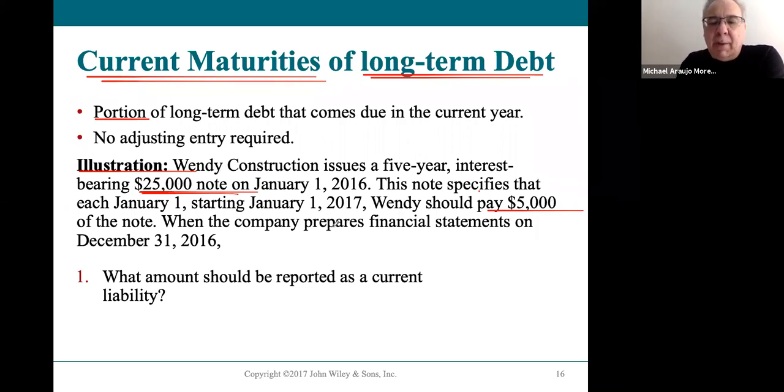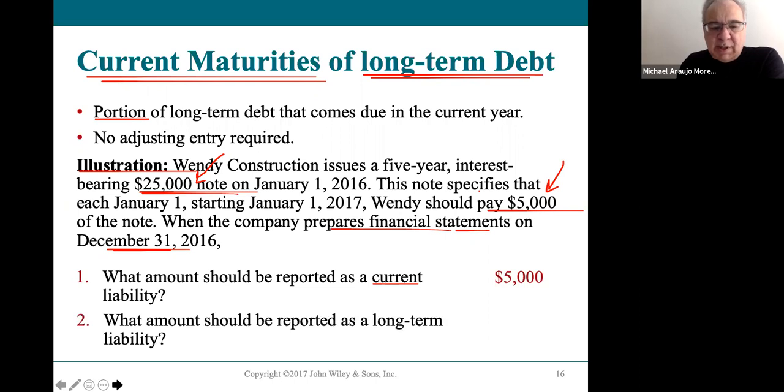So the company has financial statements that they're preparing as of December 31st, 2016. Okay. So again, 5,000 of the 25,000 is going to be paid within that first year. So what amount of that is current?